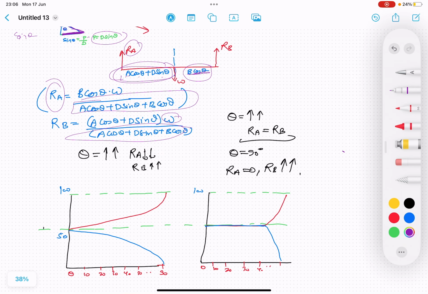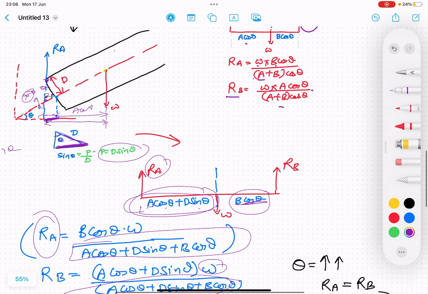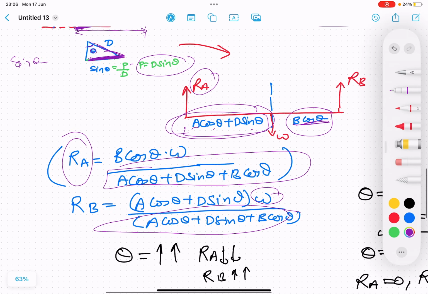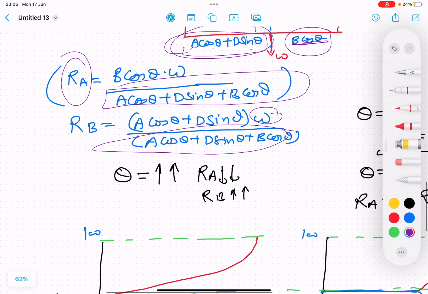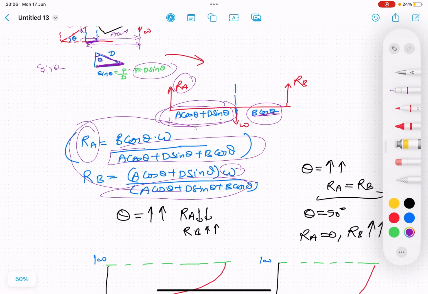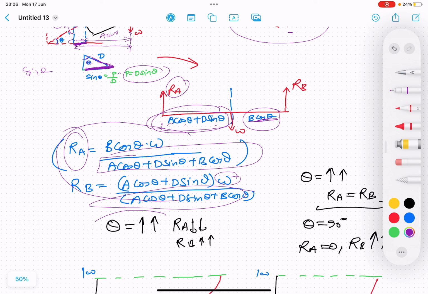Now you can see two results are there in front of you. When we are doing the tailing crane lifting point at the COG line, then the equation is this. Okay, now when we are lifting the tailing crane at a distance d from the COG line, then the equation is this. So what we observe from this equation, when theta keeps on increasing, the load on the assisting crane or the tailing crane keeps on decreasing, and load on the main crane keeps on increasing.